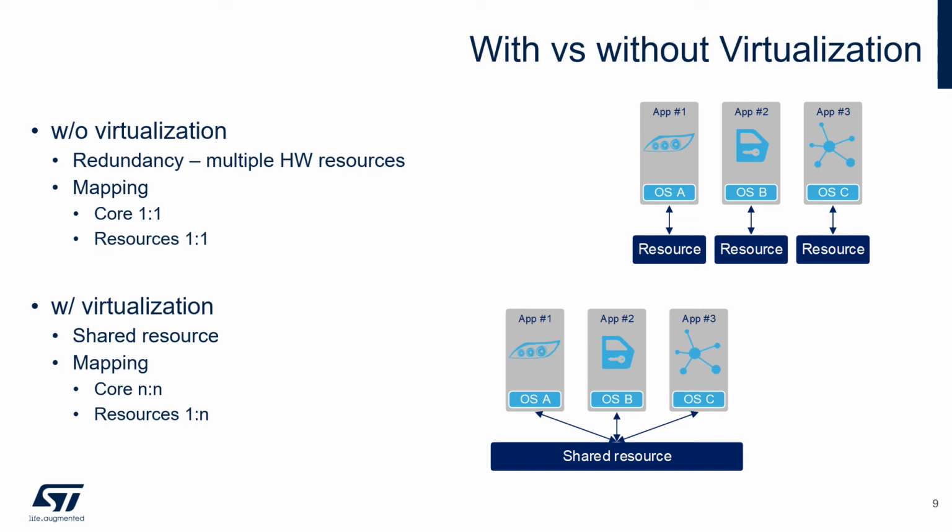The virtual machines can be mapped to cores in several different scenarios. One virtual machine running on one core, multiple virtual machines on one core, and one virtual machine on several cores. Then, of course, a mixture of these three scenarios. A similar story applies to peripherals as well. They can be virtualized and shared, but about that we will talk in a couple of slides.